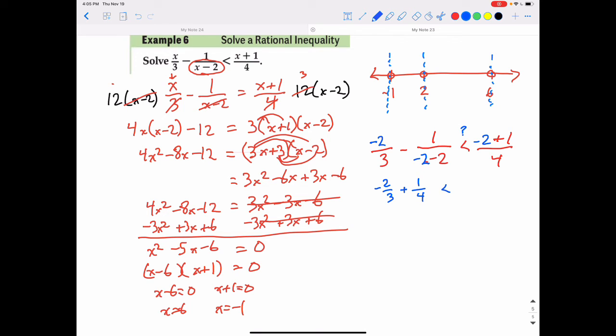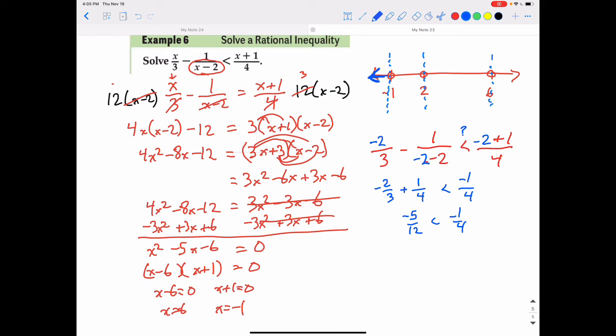Is that less than -2 plus 1, which is -1/4? Is that true or not? And -2/3 plus 1/4 would be -5/12. And yes, that is less than -1/4. So I would shade this area over here.